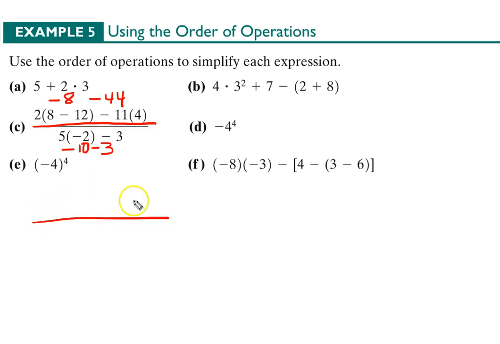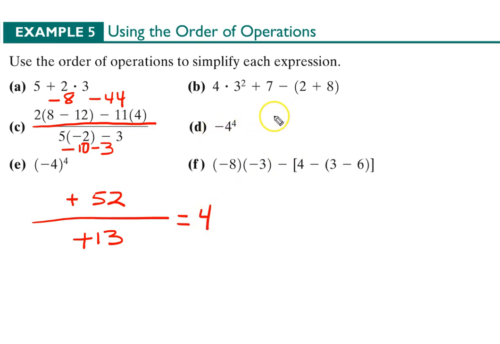So, summarizing this, in my bottom position, I'm going to have a negative 13, and in my top position, I'm going to have a negative 52. Now, you might say, okay, a negative divided by a negative is going to give me a positive. Okay, I got that. But does 13 go into 52? And the answer is yes, it goes evenly 4 times. So the answer to letter C is a positive 4.